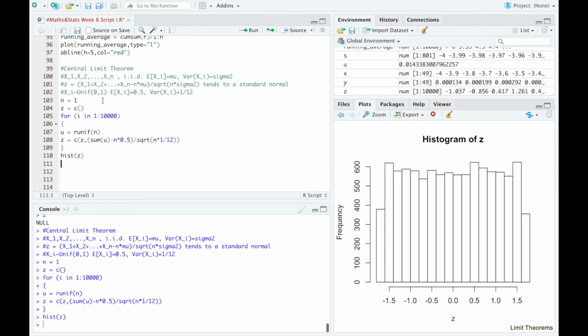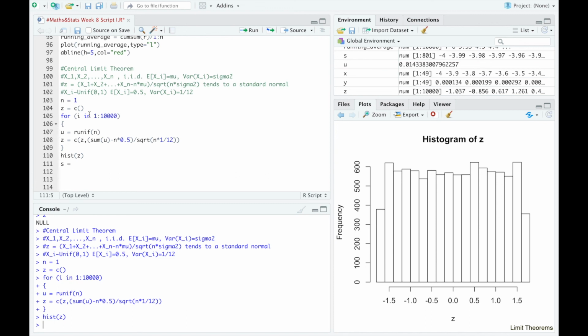So this is what the distribution of the sample mean looks like when n is equal to 1. So definitely not a normal distribution. In order to compare it to a normal distribution, we can do just what we did before.